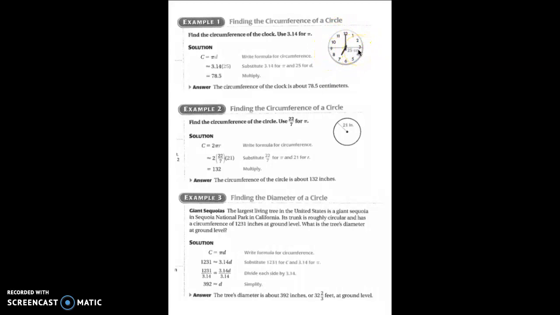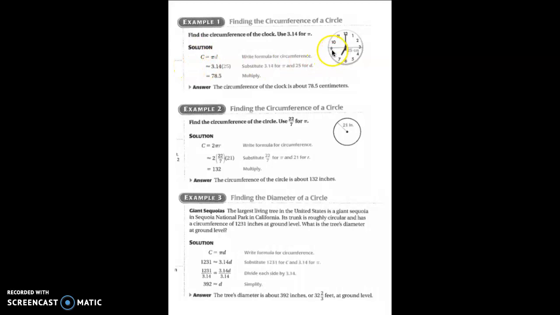So all I have to do is substitute 3.14 as pi and 25 as d, and punch that into the calculator. Pi is 3.14, d is 25. Multiply that, 78.5 equals the circumference.